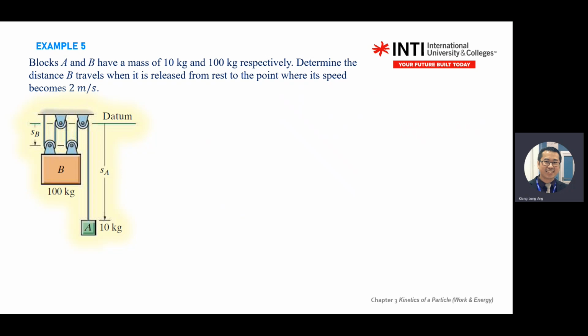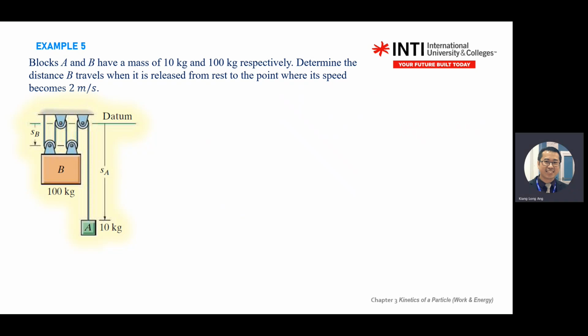And you see a pulley system, so recall the pulley system solution. Check the logic first: 100 gram, 10 gram. This one you release, what happens to A? A goes up. Be careful on the datum. SB goes down, positive. SA goes down, positive. When you see a pulley system, what is the general idea? You focus on the total length, equal to SB, SB, SB, SB, SA.